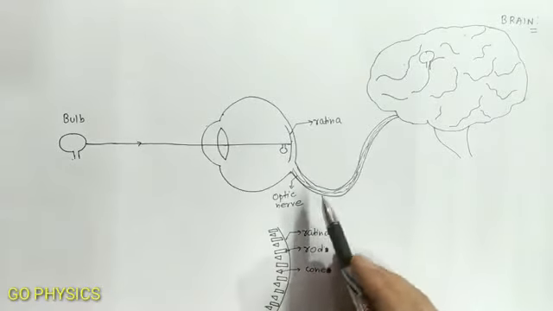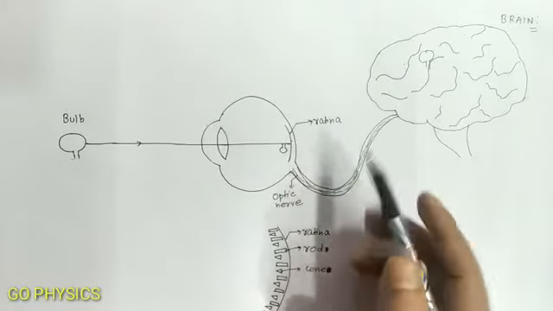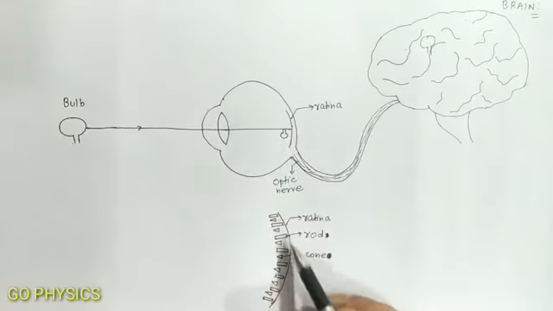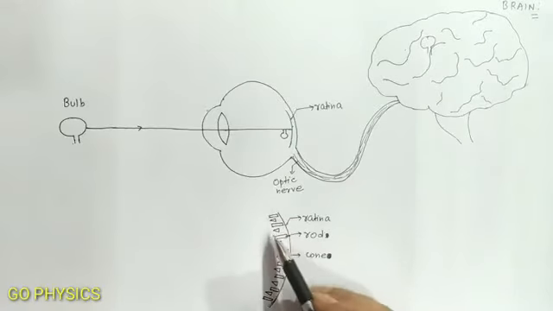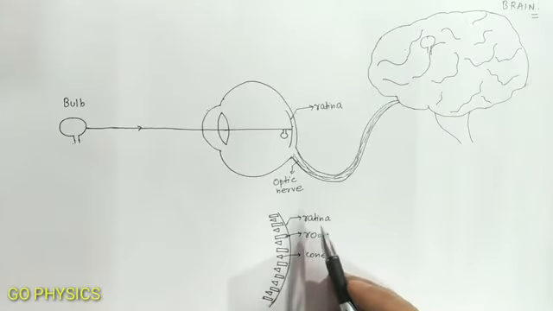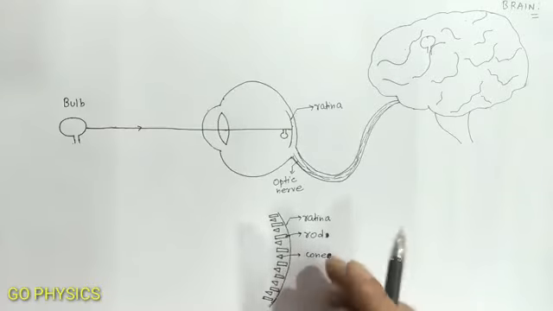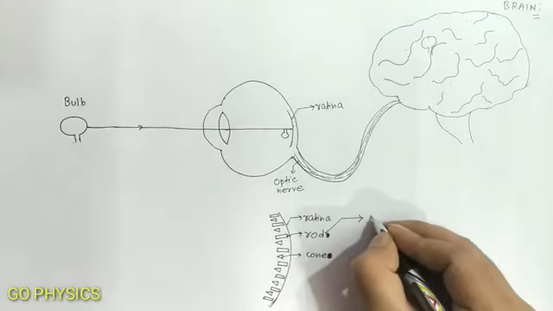Now we are going to see the retina in detail. If we magnify the retina, then we will see that over the surface of the retina two kinds of cells are present, and these are called sense receptors. One is called rod because the shape is of rod type, and the second is called cone because of their shape.